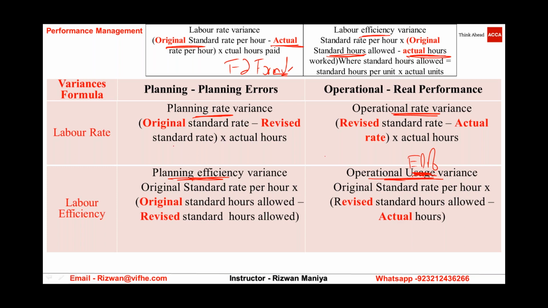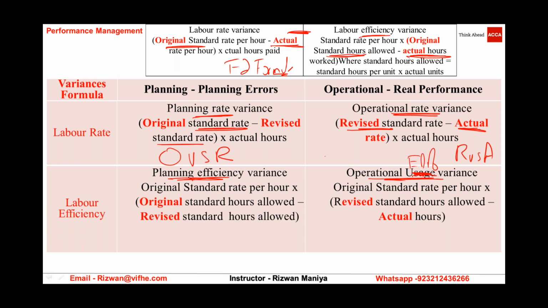So let's make it original standard versus revised, O versus R. See how simple? Revised standard versus actual, R versus A. Same thing. Just remember the F2 formulas and then it's all on the go.